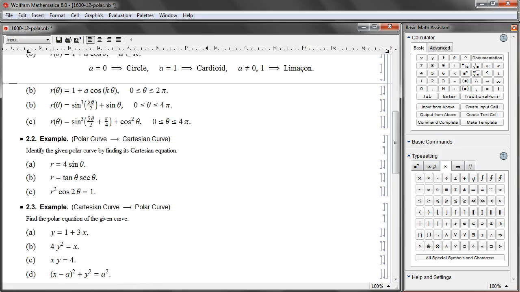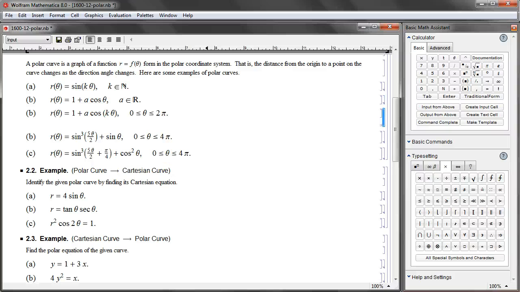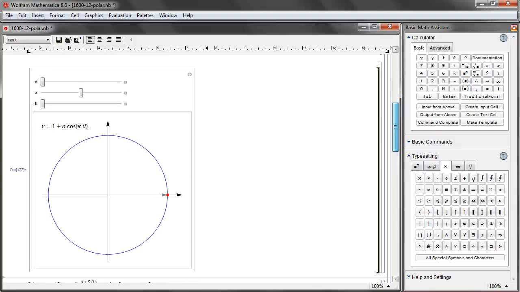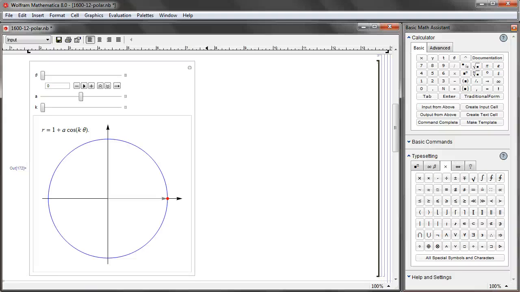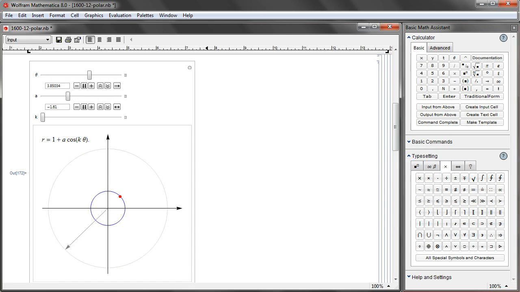Okay, enough fun for that. And in this situation, with r equals a cosine of k theta, theta value changes, a value changes, and let's see what happens here. K is 0, so this a cosine of k theta part doesn't really contribute too much.